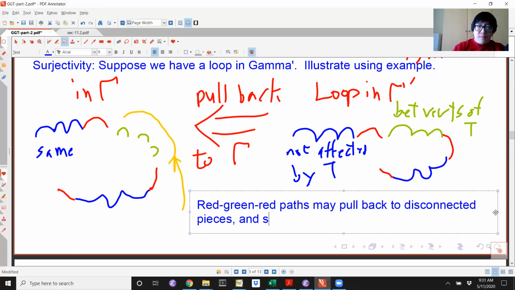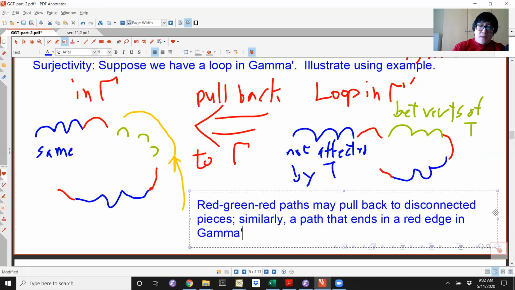And similarly, a path that ends in a red edge in gamma prime might not return to the base point when pulled back.